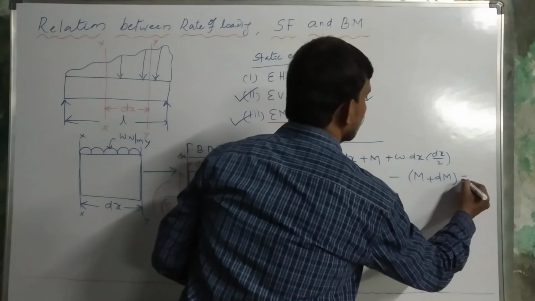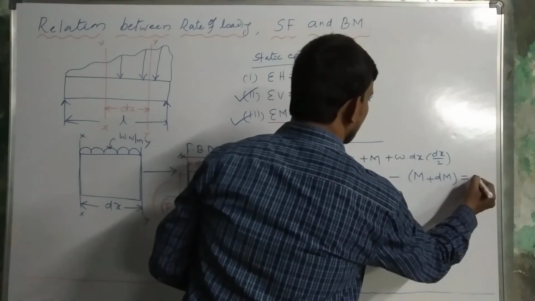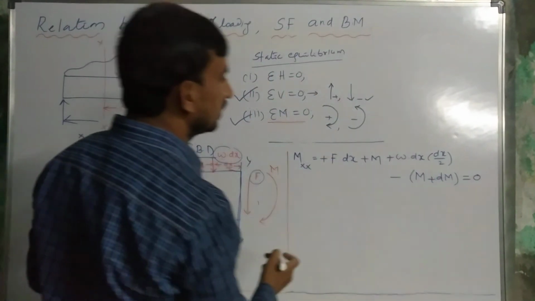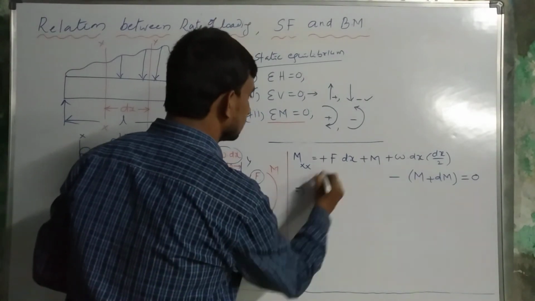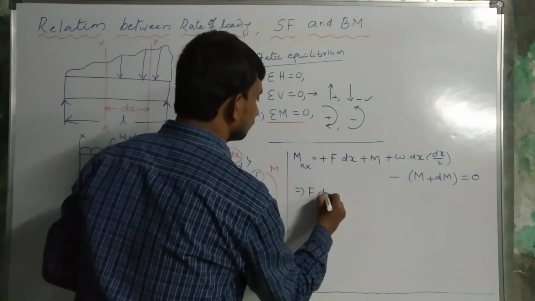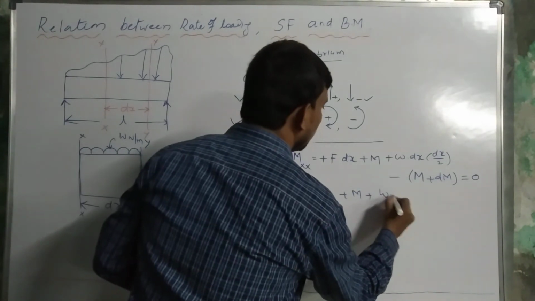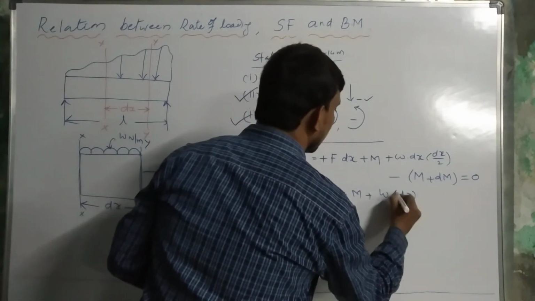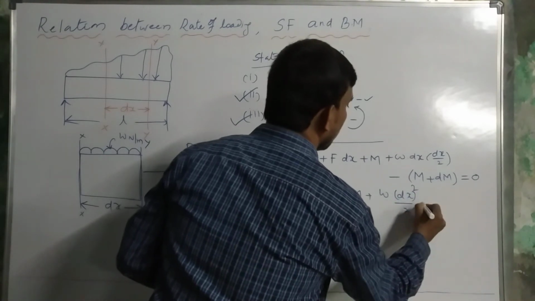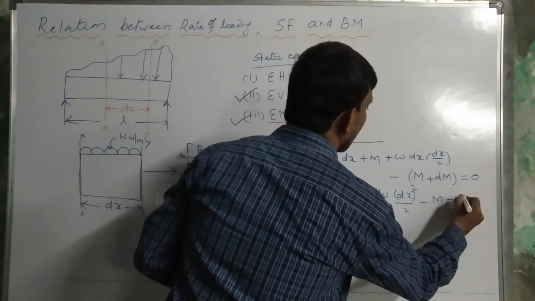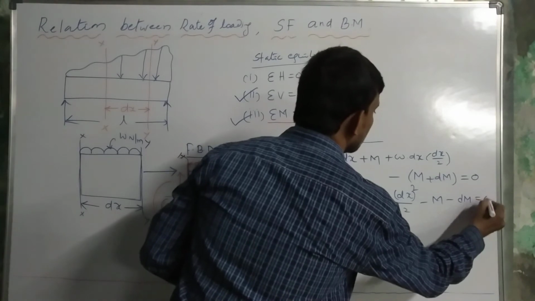The algebraic sum of the moments about any section is equal to 0. Let us simplify: F into dx plus M plus W into dx squared by 2 minus M minus dM is equal to 0.